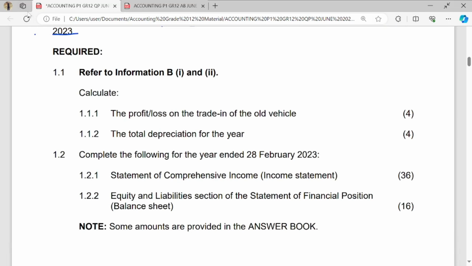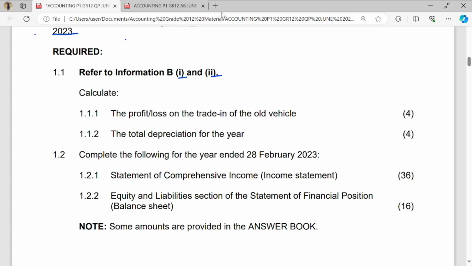Then they're saying required. Refer to information B, Roman figure 1 and Roman figure 2. Calculate 1.1.1 the profit or loss on the trade-in of the old vehicle. And then we're also told to calculate the total depreciation for the year 1.2.